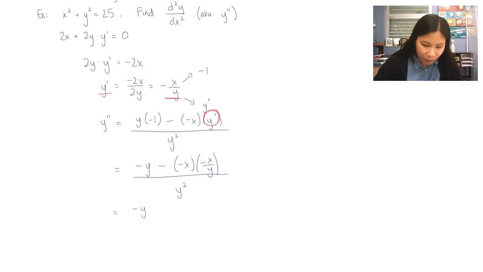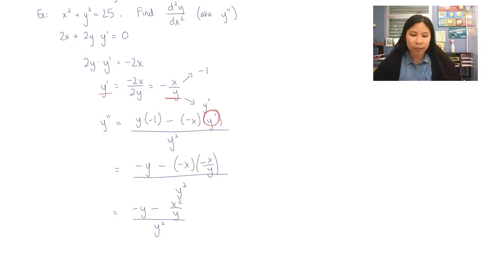Simplifying this some more, I end up with negative y minus x squared over y on top, divided by y squared. Because I have complex fractions, I'm just going to multiply everything by the common denominator of y. So we'll multiply the top and the bottom by y over y.